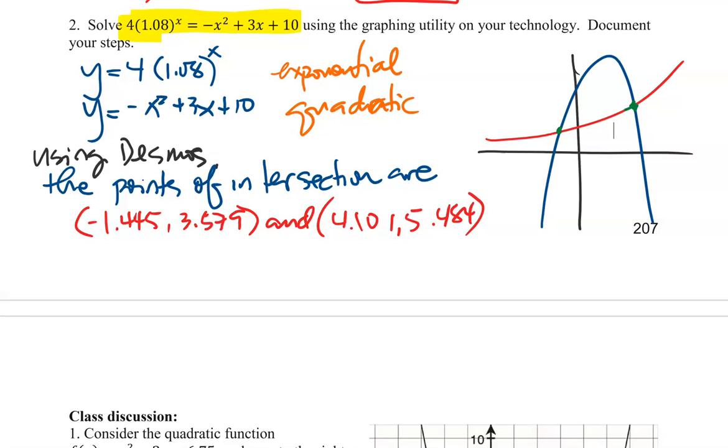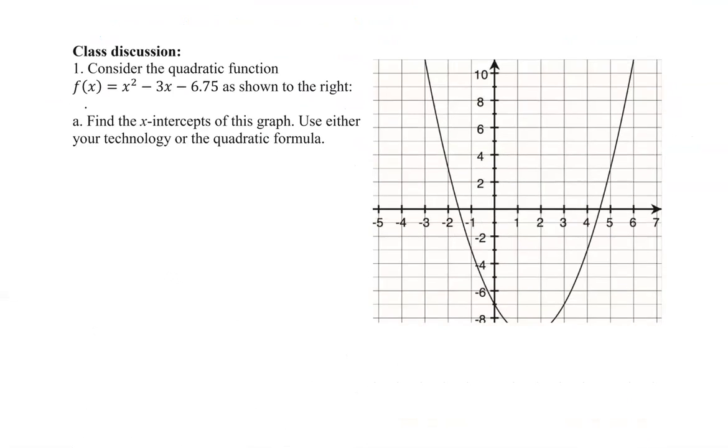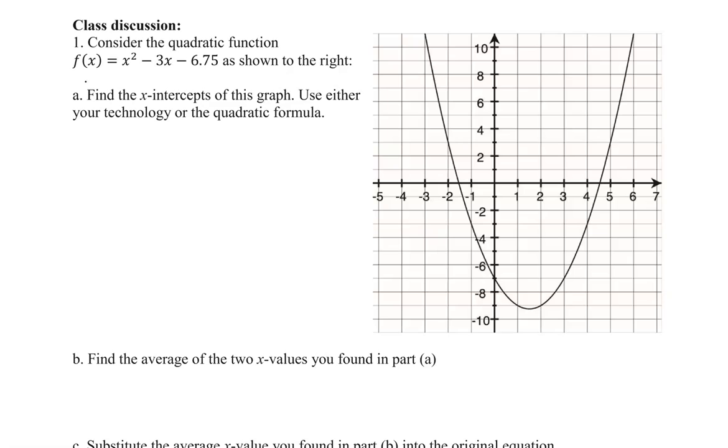Now let's proceed to our class discussion. Consider the quadratic function f of x equal to x squared minus 3x minus 6.75 as shown to the right. We want to find the x-intercepts of this graph. Use either your technology or the quadratic formula.